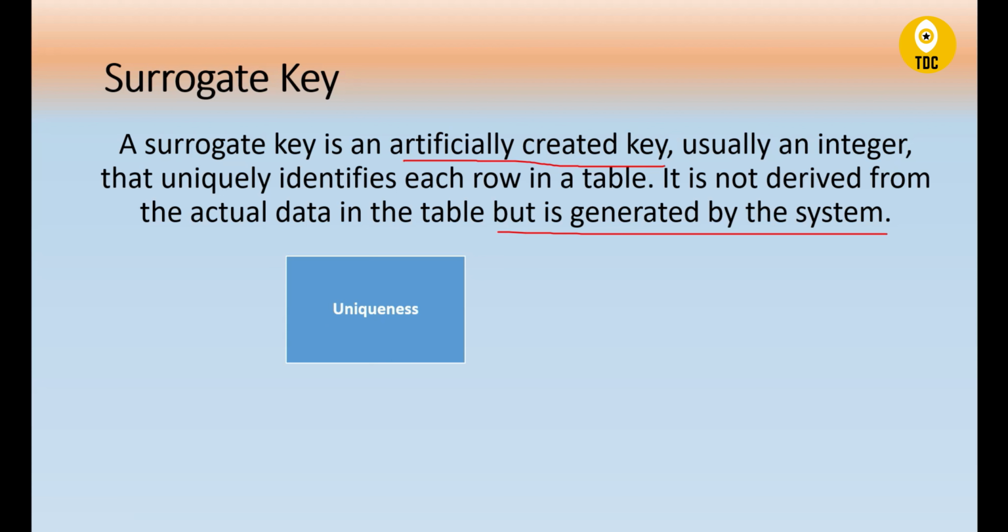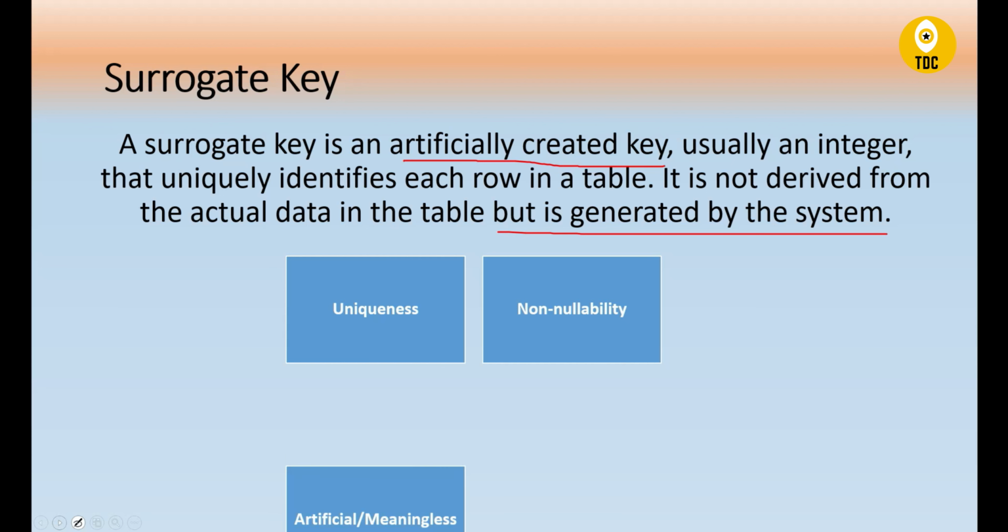We have seen uniqueness in the primary key scenario. Here also, a surrogate key must be unique. That is one of its key characteristics. Surrogate keys also cannot be null, because they are used to uniquely identify the records.